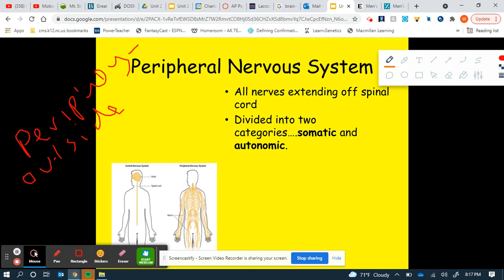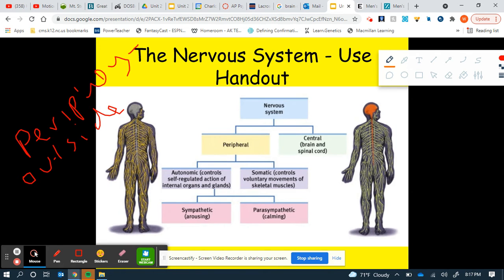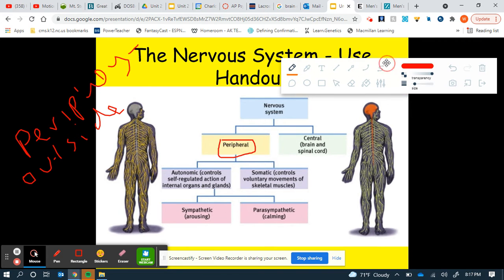And the peripheral nervous system is divided into two categories. And if we go back to the chart, you can see here's the peripheral nervous system right here. And then it consists of the autonomic nervous system and the somatic nervous system.